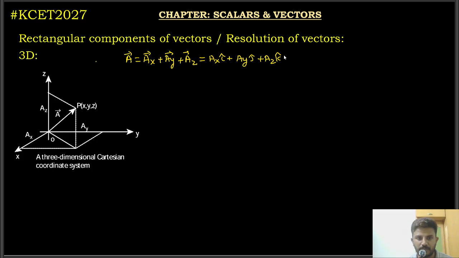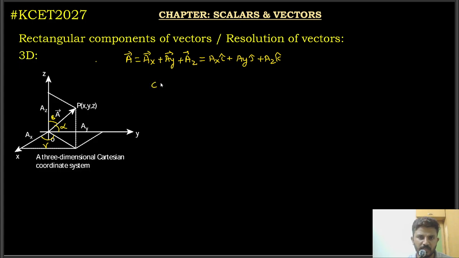Clear? Yeah. Now here, if A is making an angle alpha with the x-axis, beta with the y-axis, and gamma with the z-axis, then we can write Ax is equal to A cos alpha.